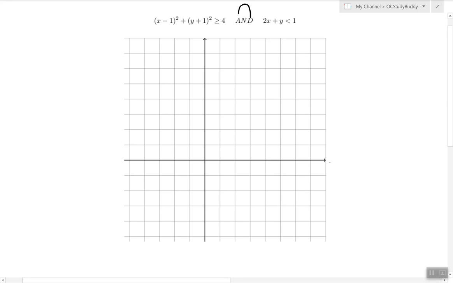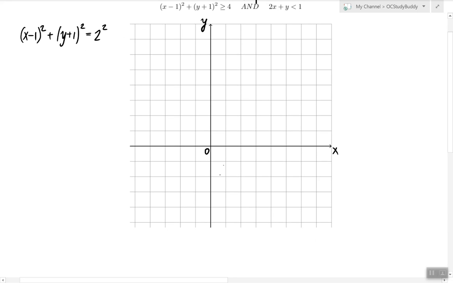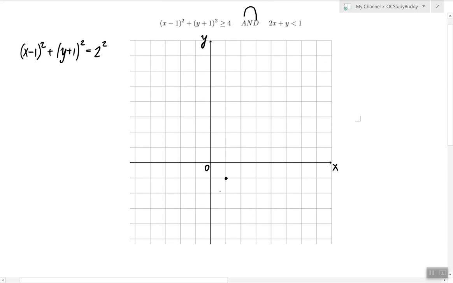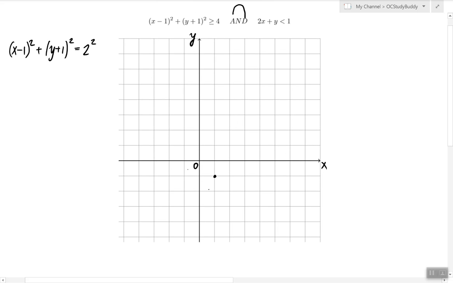So to solve this inequality, we are going first to graph the corresponding equation. So the graph of this equation is a circle centered at 1, -1 and radius 2. Since the inequality is non-strict, I'm going to graph it using a solid line.